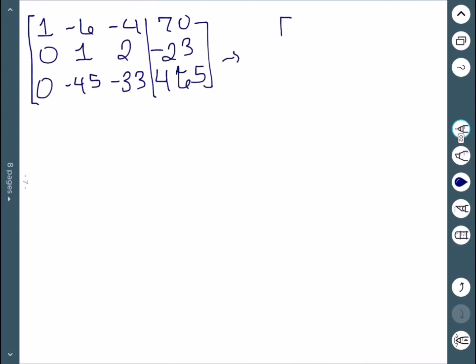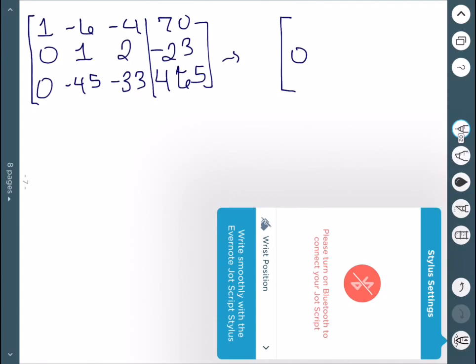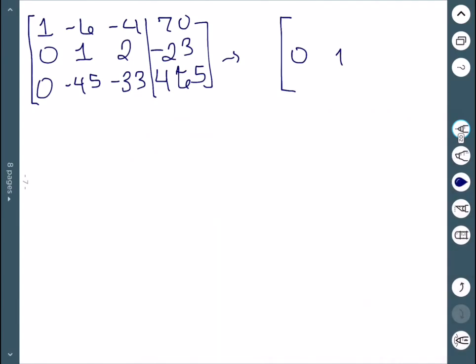So we'll use our row operations. In this case, my second row will stay the same, so we can go ahead and write it. And we'll be changing the first and third row.